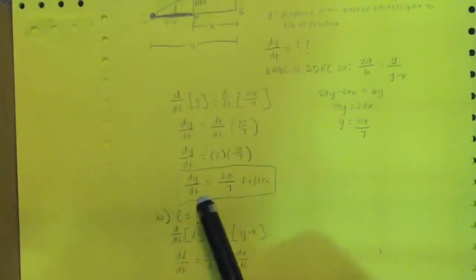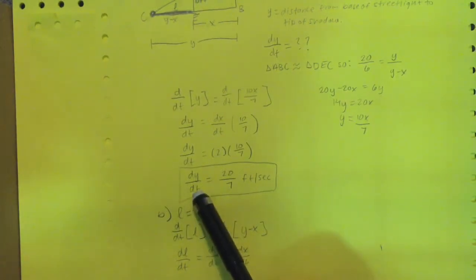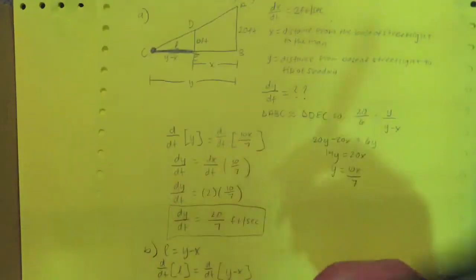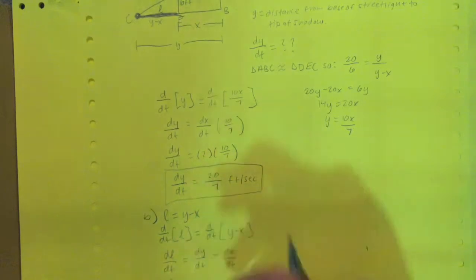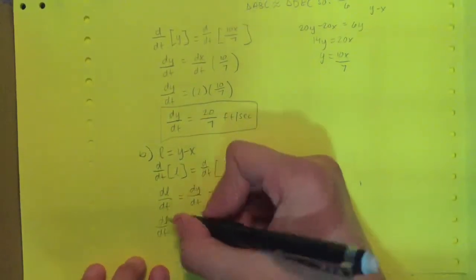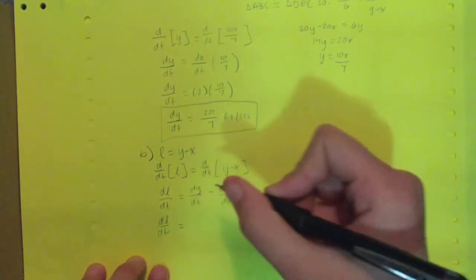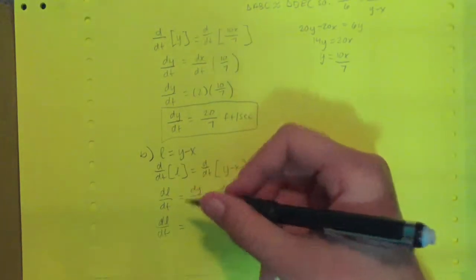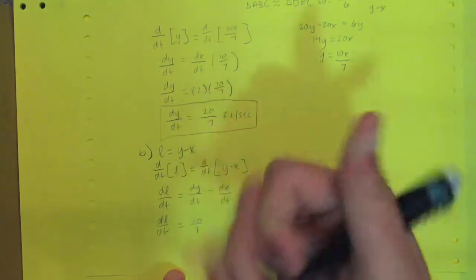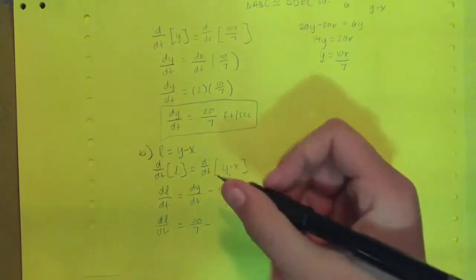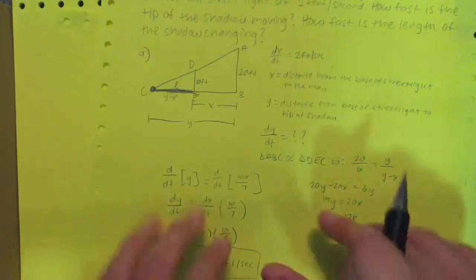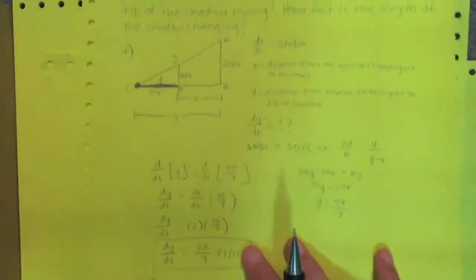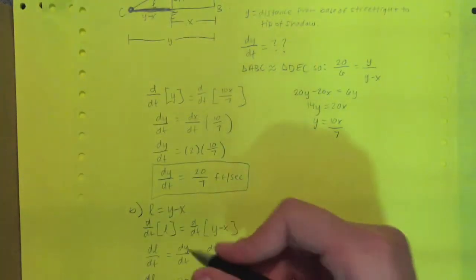We just solved for dy/dt, and we were given dx/dt up above. So all we have to do is plug in. dL/dt is equal to 20 over 7 minus, and dx/dt was 2 feet per second, so we can write 14 over 7.